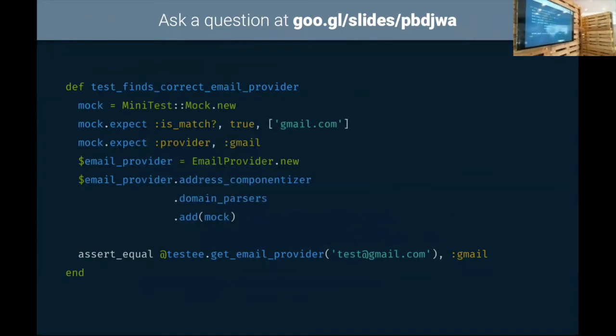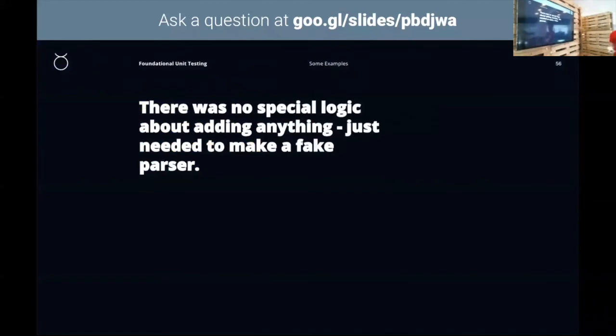It was just a case of, I just want to make sure that it finds something that behaves this way. No special logic was needed there, just add a fake parser. That's it. All of the middle bits, just leave them and actually make sure they run and do what they're expected to do.